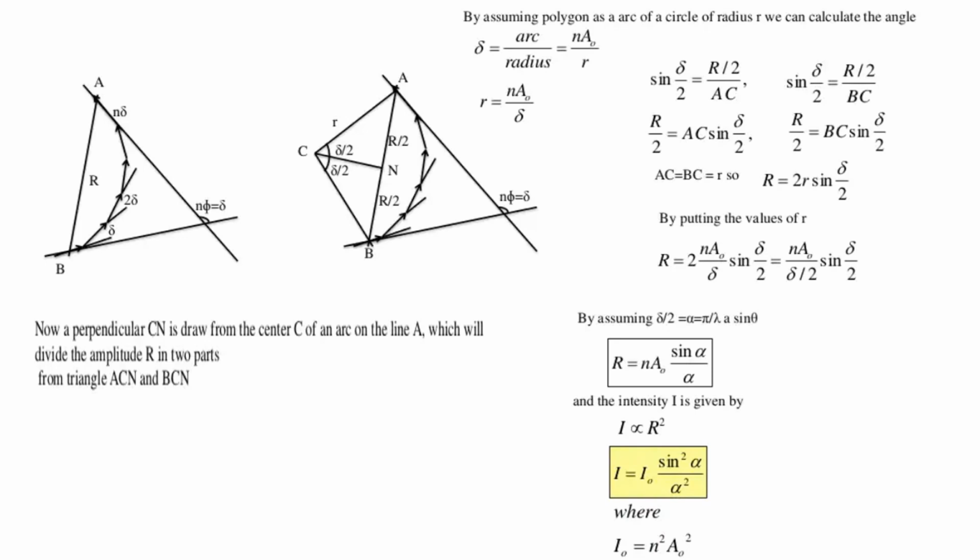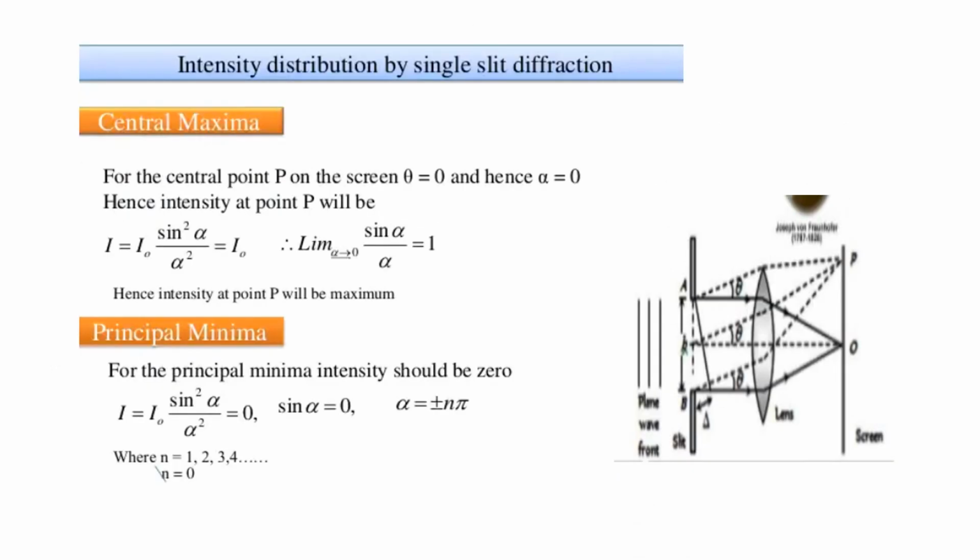We have I equal to I naught sin squared alpha by alpha squared, from which we are able to determine the central maxima and the principal maxima. The intensity at the point P remains maximum, and away from the principal maxima, the intensity should be 0.